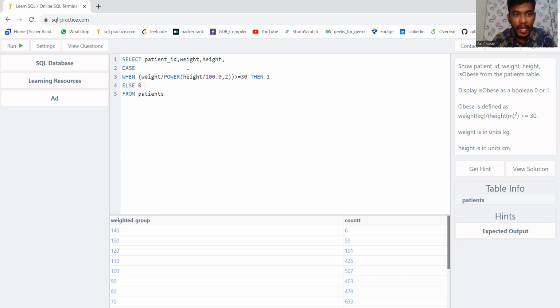If the patient has this formula value greater than or equal to 30, then we can consider him an obese patient, or else he is not. So let's end this case statement, as is obese.